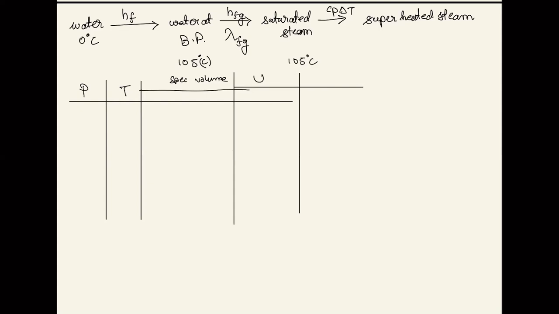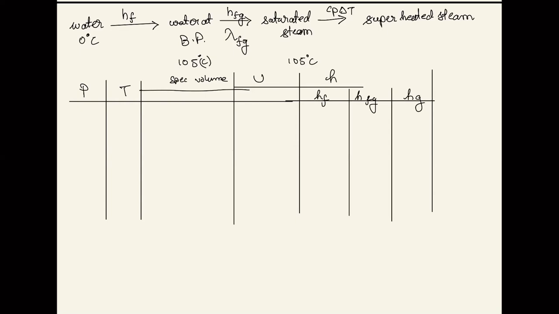So let me go to the H column. In the H there will be three values of interest: HF, HFG and Hg. Hg is the enthalpy of your steam. HFG is basically the lambda value that we will be using.